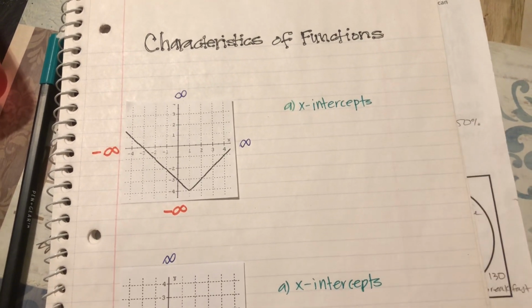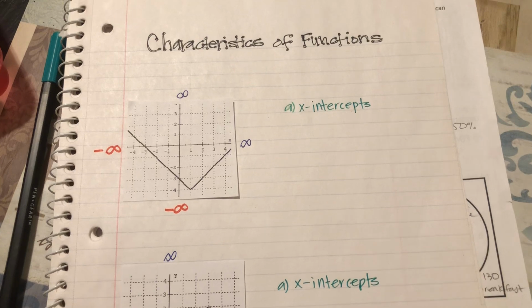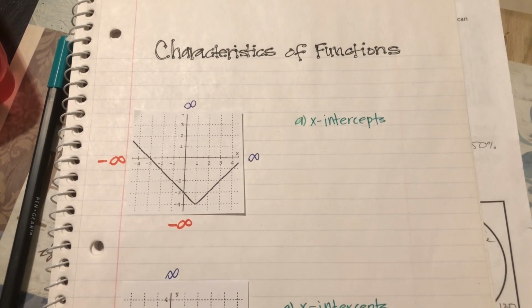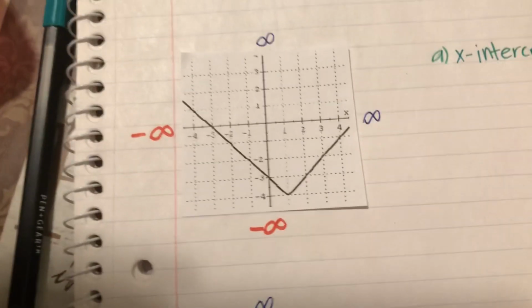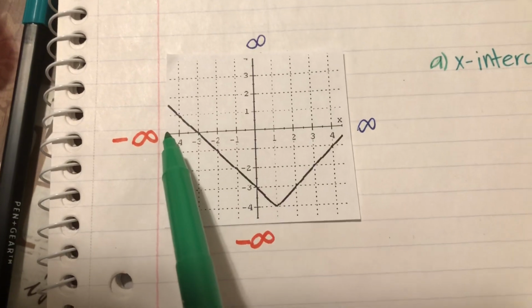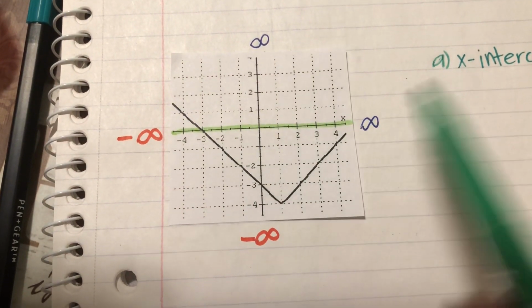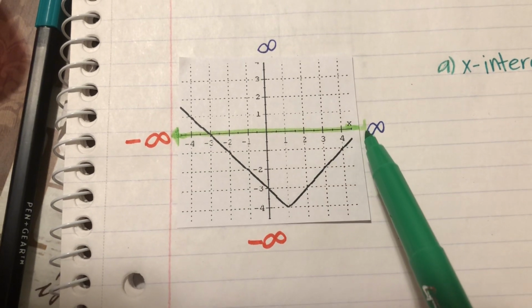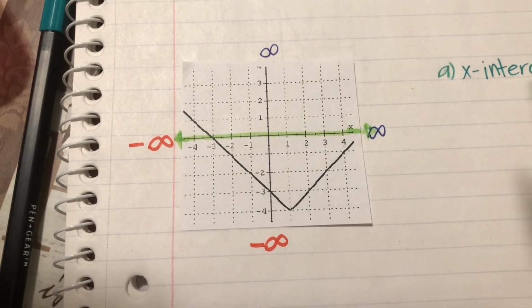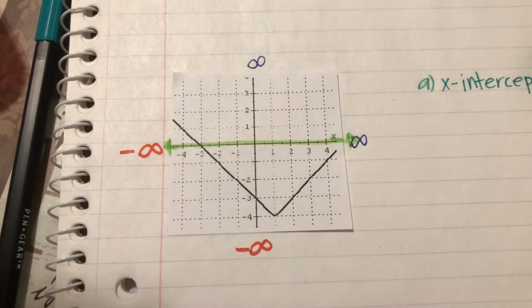So when we're talking about the x-intercepts, we're talking about the values that are touching the x-axis, okay? So I'm gonna go ahead and take a green marker and I'm going to highlight my x-axis. Remember, there's always arrows at the end because this goes on to infinity, okay?